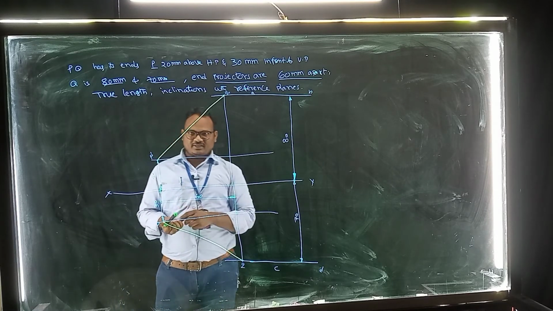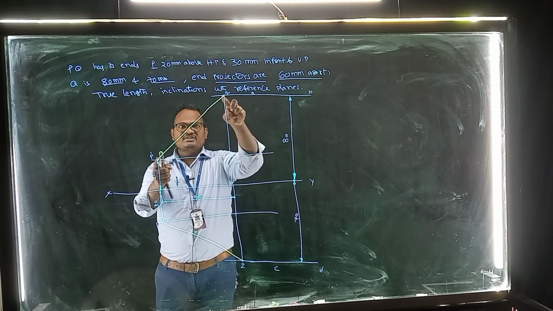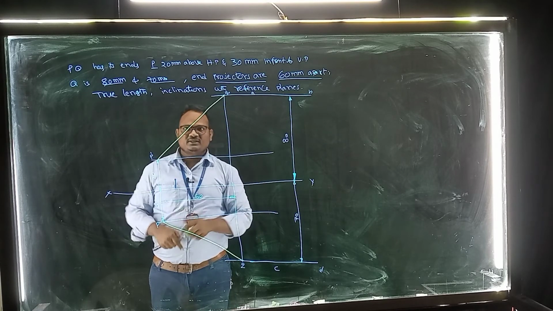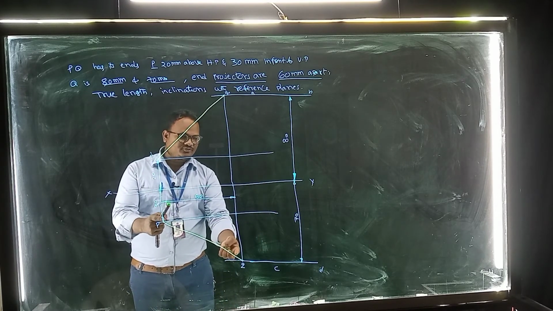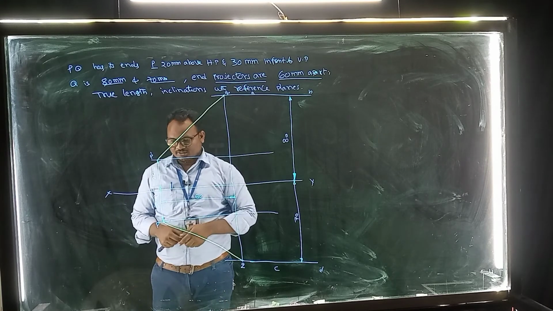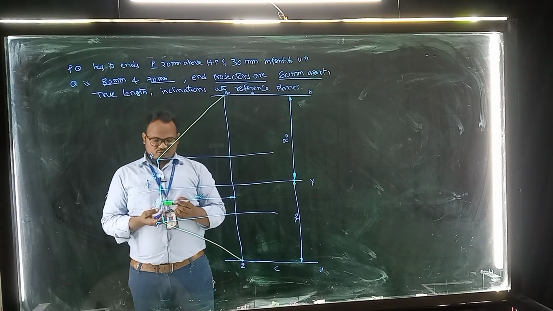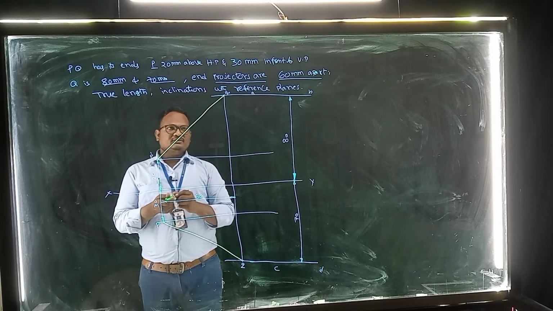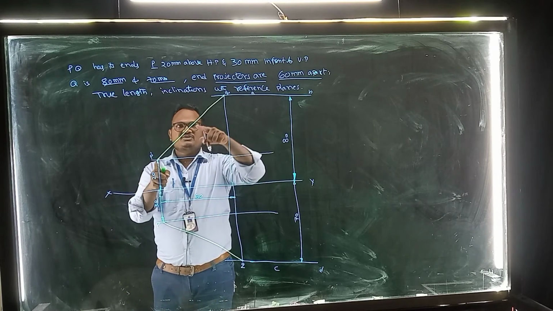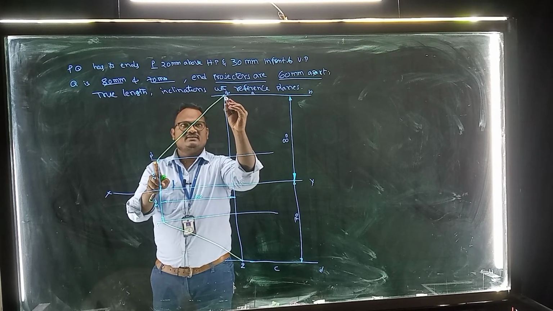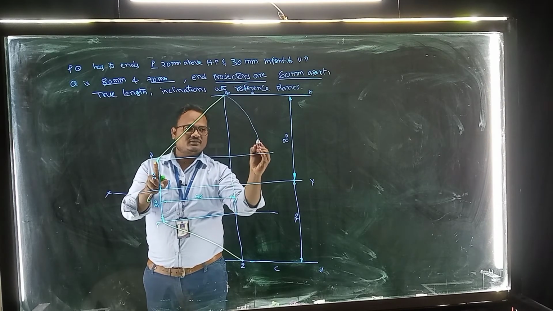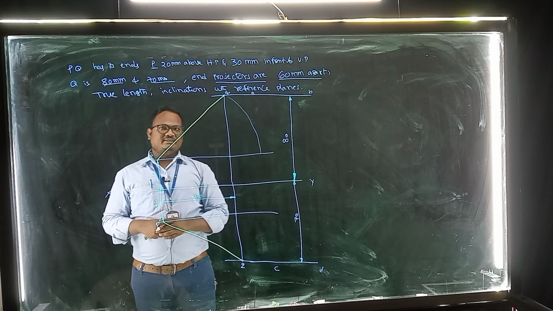So one thing is confirmed, that from the compressed view we can find out the true length. From this compressed view we can find out this true length. So from here, with this compressed length as the distance, with P as center, draw an arc like this.